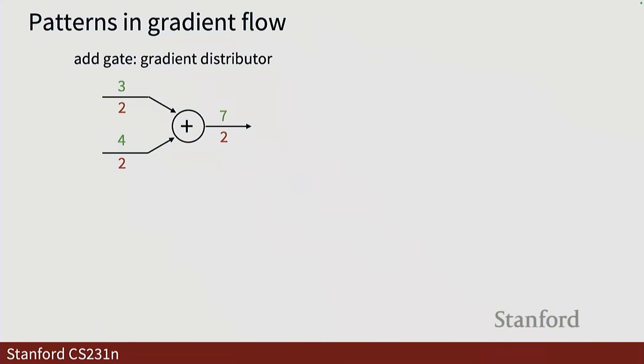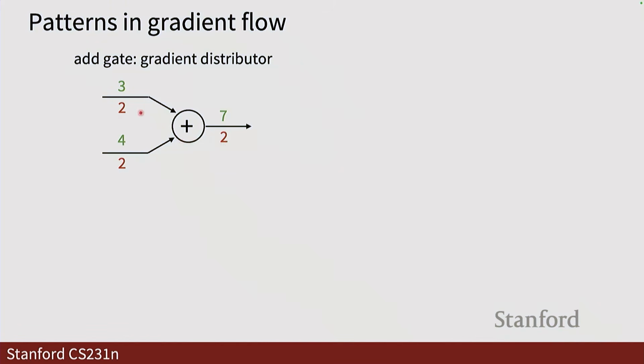I want to summarize and say that there are a few patterns in the data, often very much for the nodes, that we can actually memorize. There is the add gate. The add gate is always a gradient distributor because of the properties of addition that I explained.